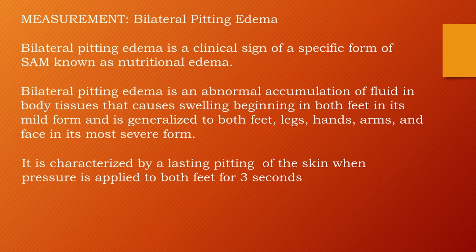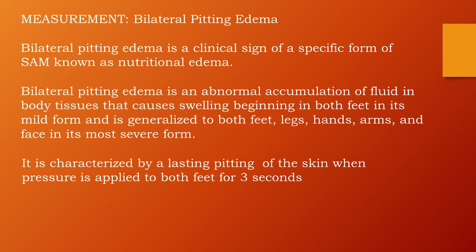To begin with, it is pedal edema, and that pedal edema may be restricted to one side or may be present on both, but for nutritional edema always check whether it is bilateral or not, because you will never find nutritional edema unilateral.